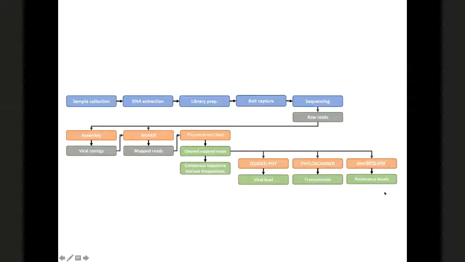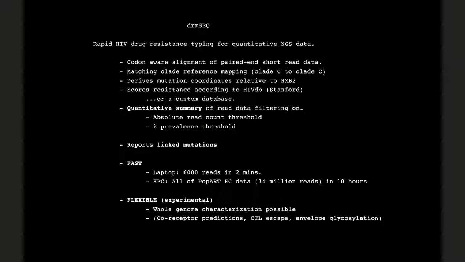So the newest addition to the pipeline is DRM-seq, which is a method for rapidly inferring drug resistance. I'll talk a little bit about that now. It's been designed specifically for the kind of data that we're dealing with from the Oxford method, BEEHIVE-seq.